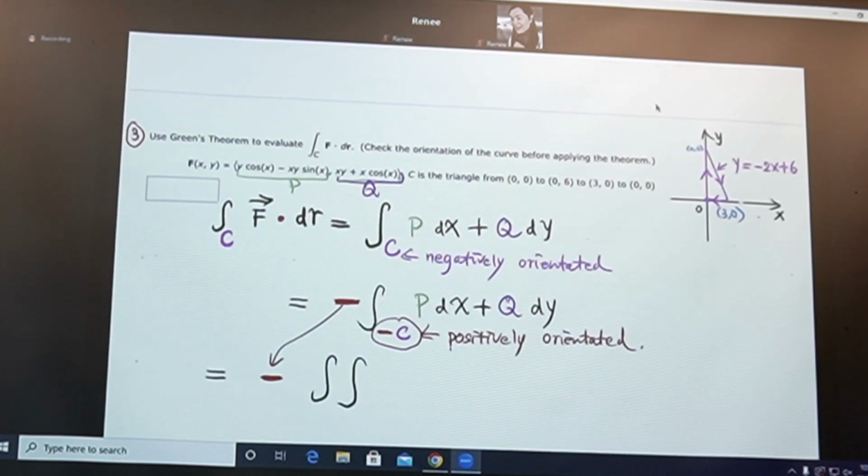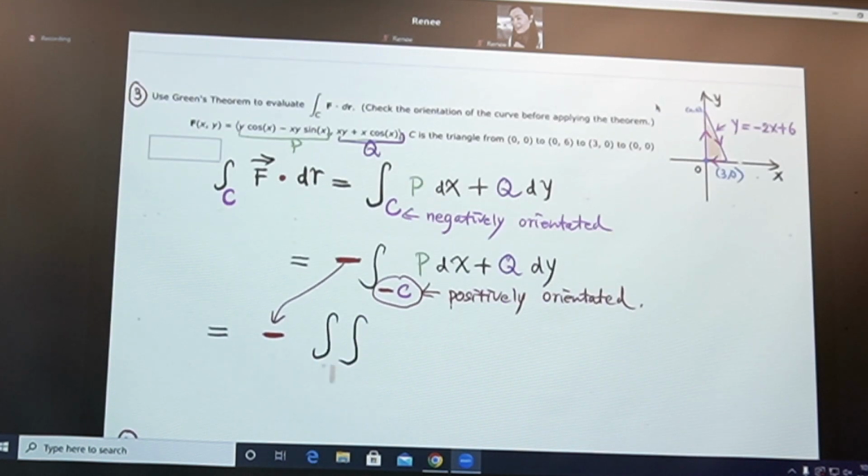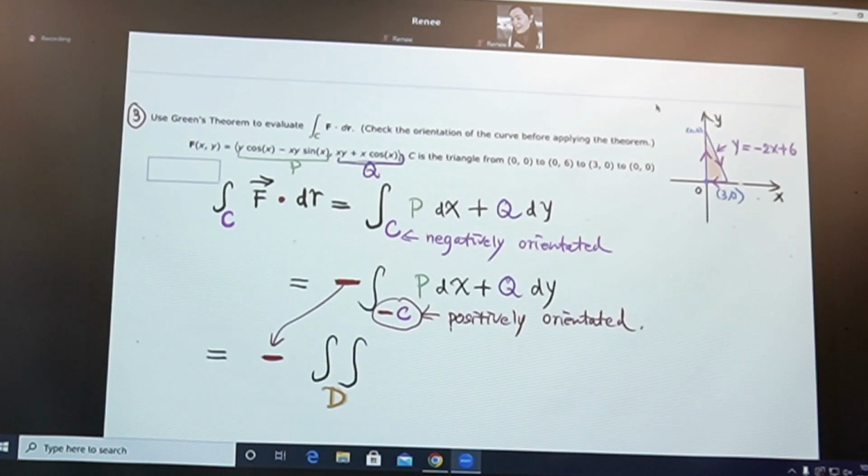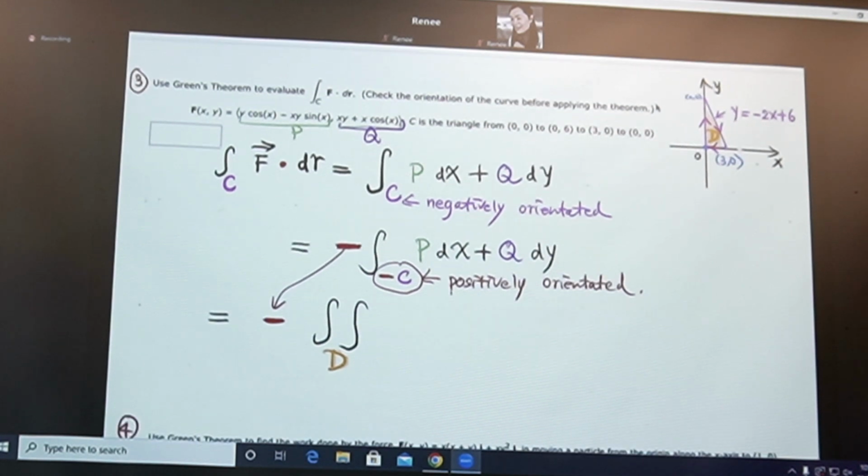What's that region D? The region is inside here. This is D. Right here is D inside. And what do we have inside? What should I put?